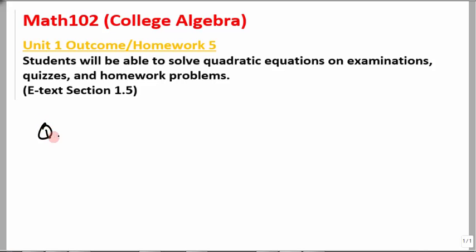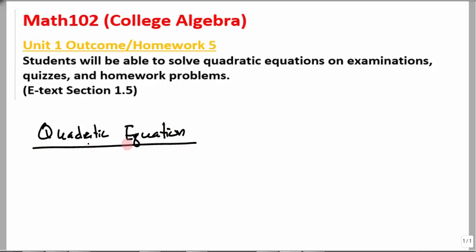So first of all, before we start solving quadratic equations, it might be a good idea to know what one is. You might look at this prefix quad and think it means 4, but it actually means to square. In Latin, the word quadratus means to square.